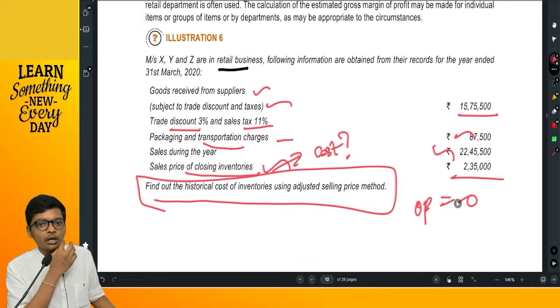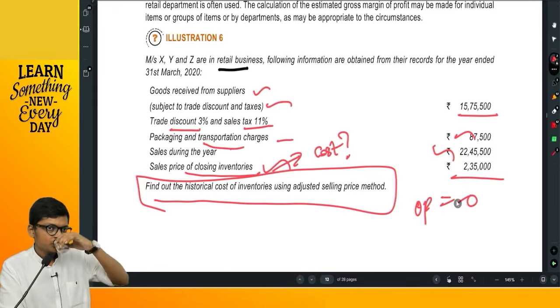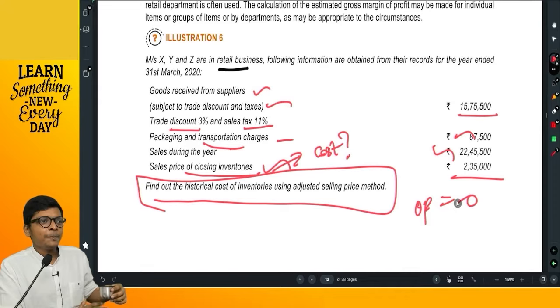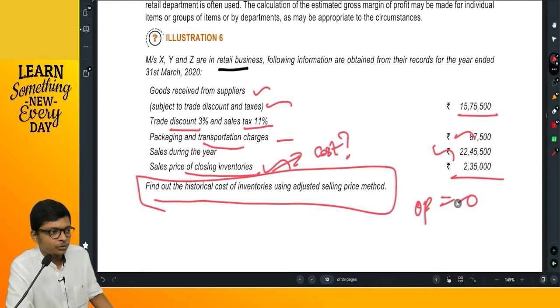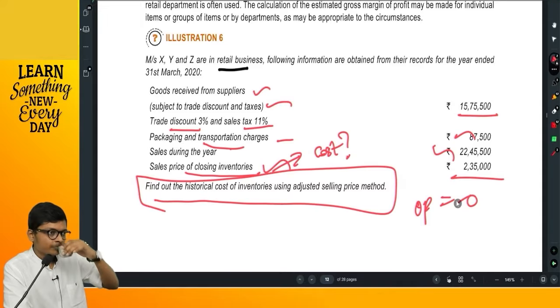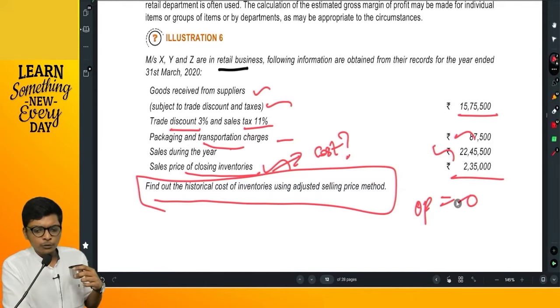First you find what is the purchase cost. If you find it, half the sum is over. Find the total purchase, guys. Once you find the purchase, half the sum is over. Perfect. I'll solve in 2 minutes.